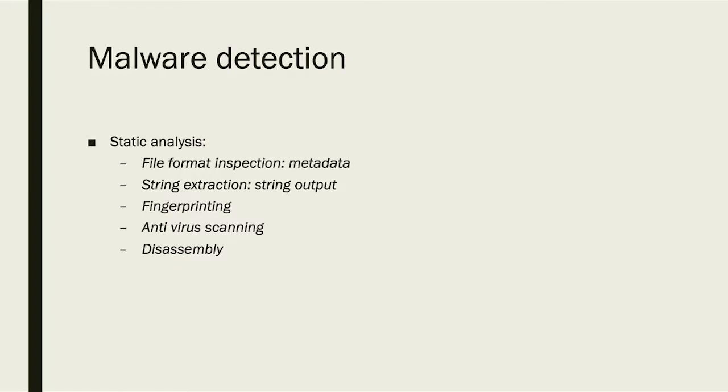So you can see the output of a program after running it. Fingerprinting checks if there's any cryptographic hash computation, and things like hard-coded usernames, file names, and registry strings. Antivirus scanning: if the file is a well-known virus, then it can be detected as easily as that. And disassembly, which means reversing the machine code to assembly and inferring the software logic and intentions.